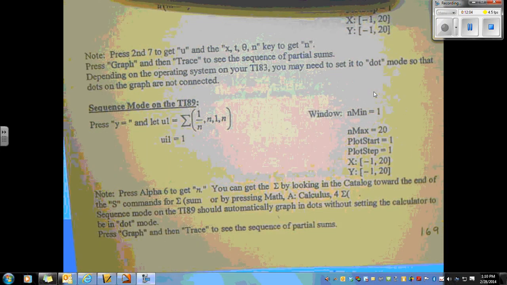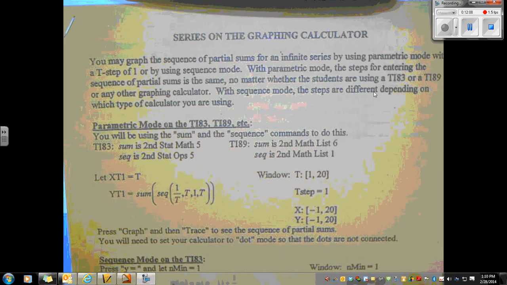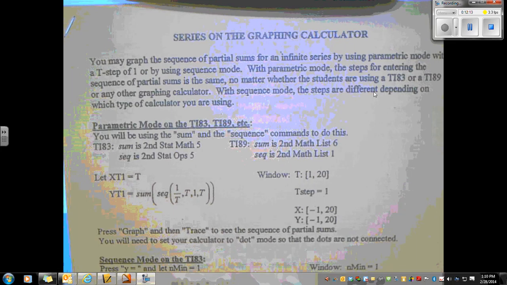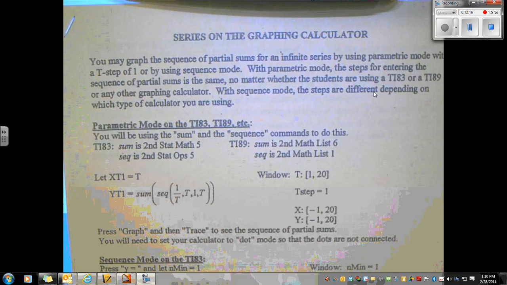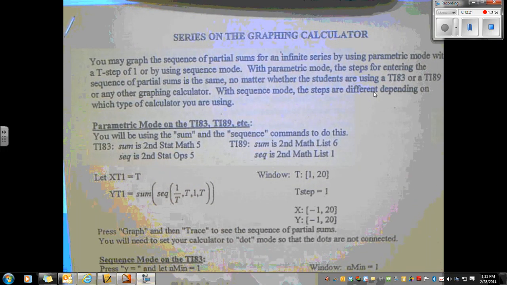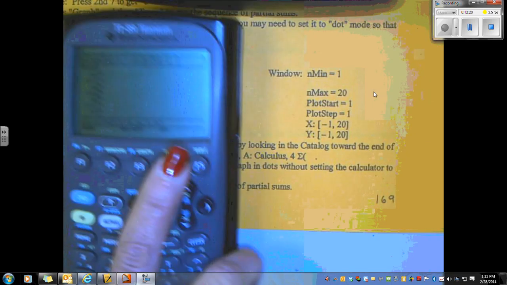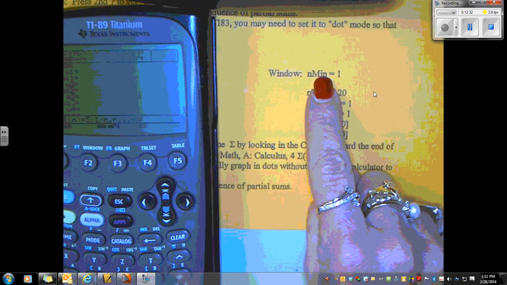Why don't we read the top first, find out what we're trying to do here. You may graph the sequence of partial sums for an infinite series by using parametric mode or using sequence mode. Okay, so we are wanting to look at this series 1 over n.